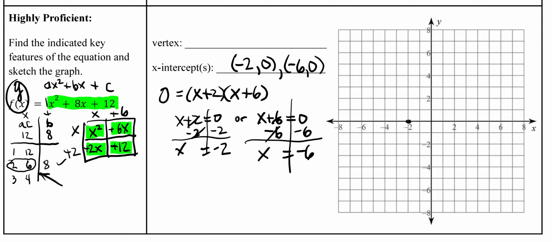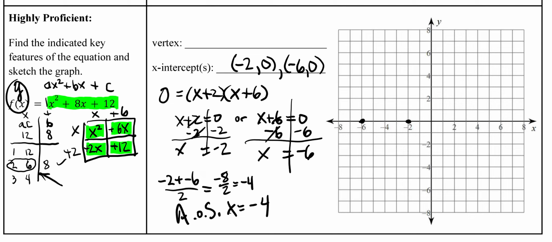So I'm going to graph -2 here and -6 here. And I know that I can take -2 plus -6 and then divide by 2, get the average. That would give me -8 divided by 2, or -4. So x equals -4 is my axis of symmetry.